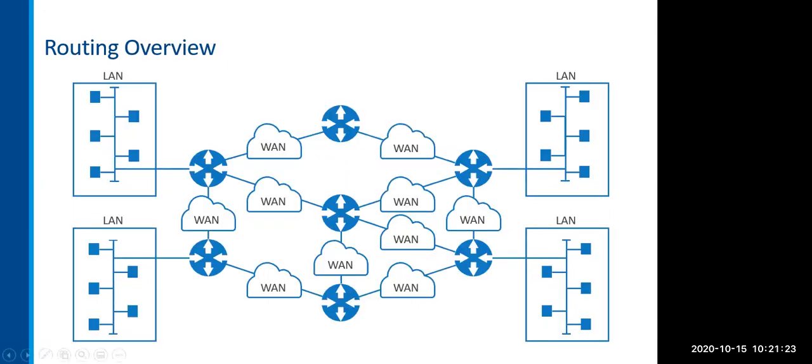Now notice each router, by the way, has multiple paths to get from one network to another. Each router has at least 2, minimum, ways to get from itself to any other network. Some routers have 3. Notice this router has 3 connections, so it may have 3 paths to get to this network, and so on. But each router maintains a routing table with only the best path information.